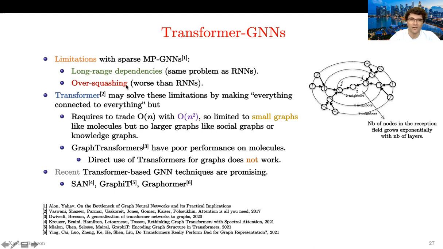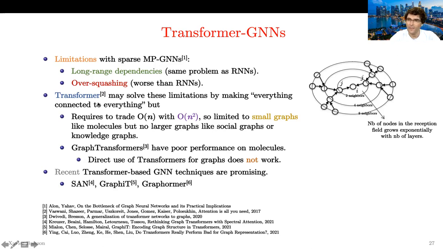Another problem is over-squashing, which was identified by Alon and Yahav. Basically, if you want to get the representation of this vector, it will aggregate the information of all the layers. This is actually worse than RNNs, recurrent neural networks, because you just have a line graph.